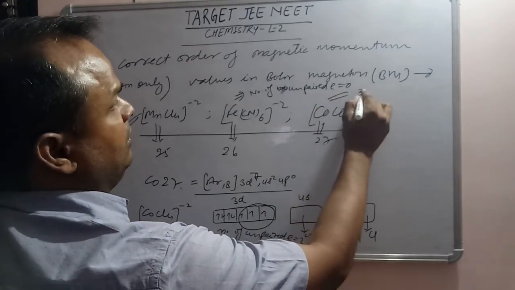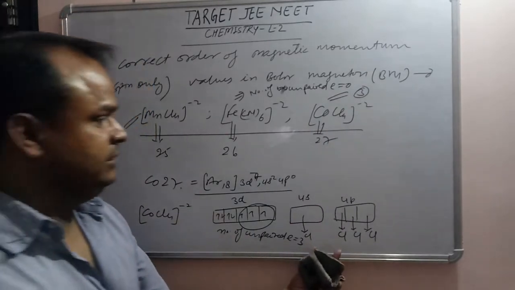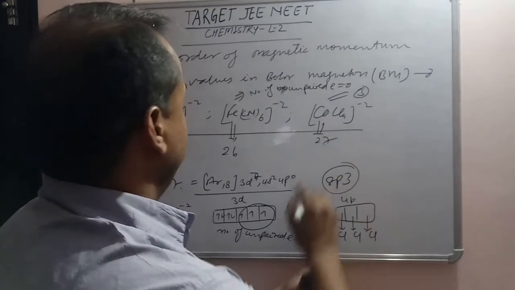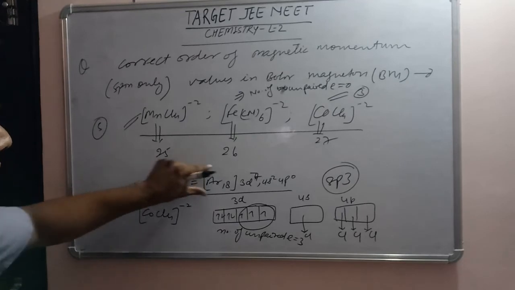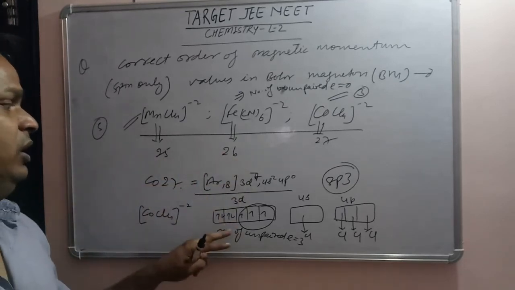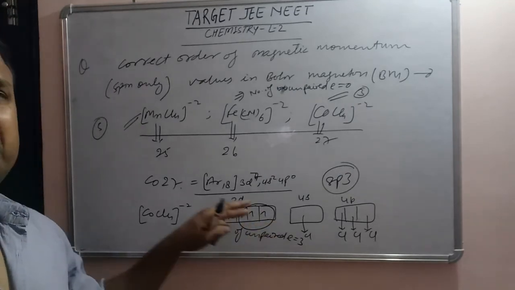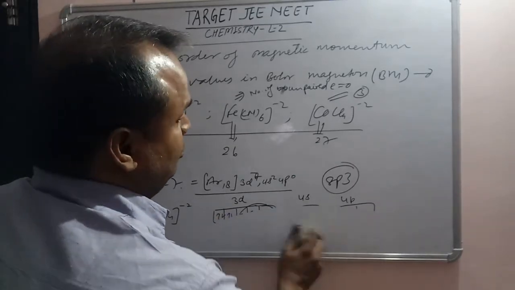Here 3, and if you come to the hybridization, that is sp3, means tetrahedral structure. So if you have a clear idea about electronic configuration and distribution of electrons in their orbitals, their subshells, it's a very easy step that we could find out the answer.